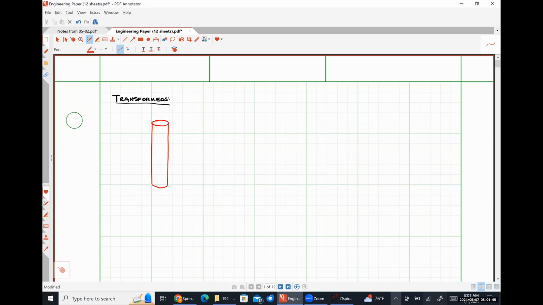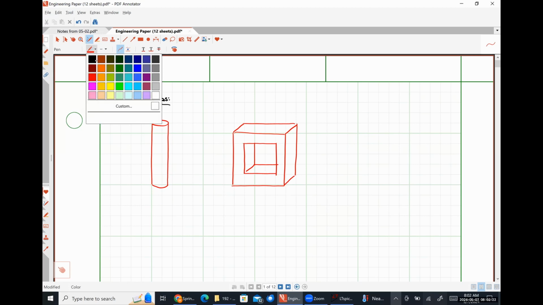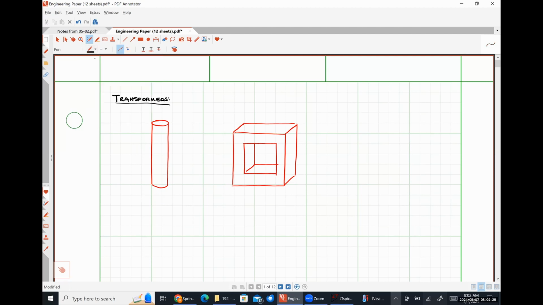Over here on the left-hand side, and then over here on the right, I'm going to draw a squarish thing, like so. So I have two different types of cores here, not particularly important other than when we start talking about a couple of other quantities here.